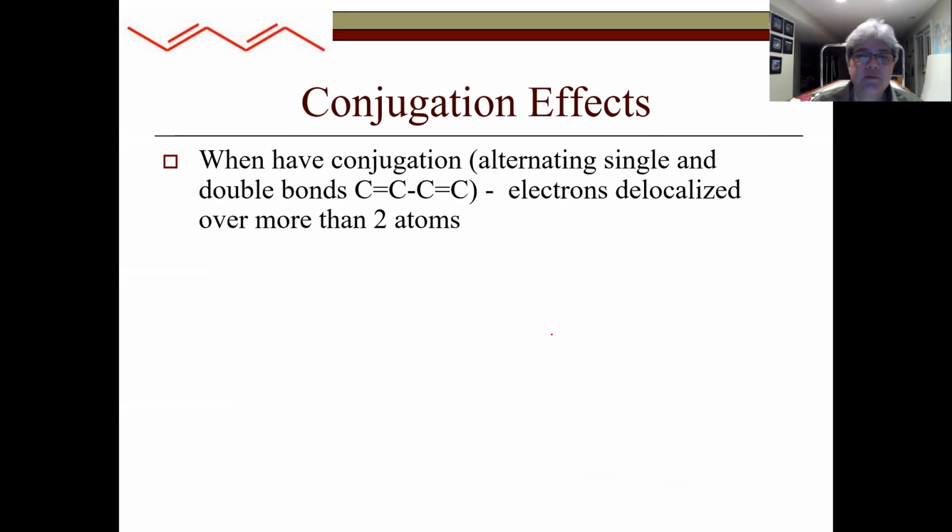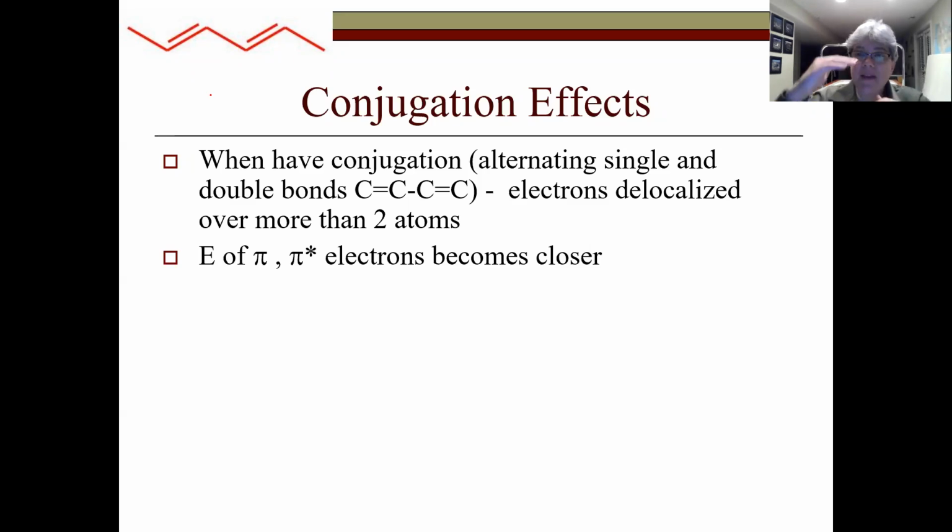Conjugation is when you have bonds that alternate single, double, single, double, single, double, like you see up here, over more than two atoms. So when you have more of these double bonds, the pi to pi star energy levels start getting closer and closer together. For example, if I just have one double bond, here's my pi to pi star energy.